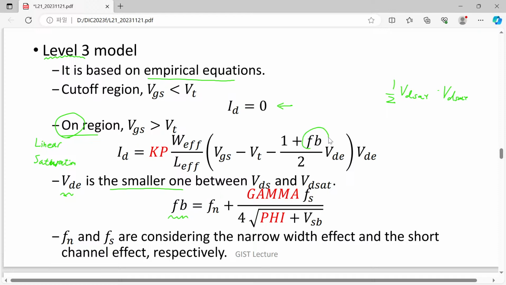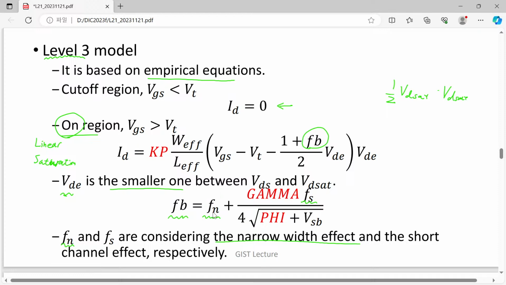Here we have something, and this something contains many more terms. I mean that here we have Fn and Fs, and Fn is considering the narrow width effect. So this is not just a simple parameter.